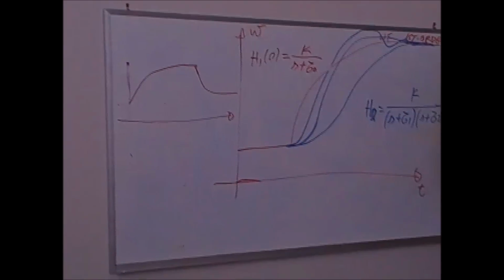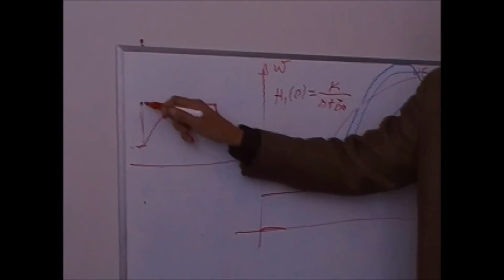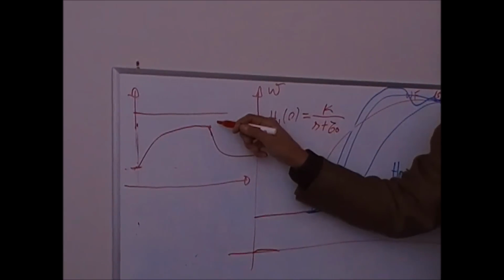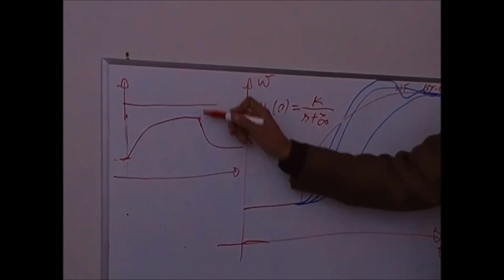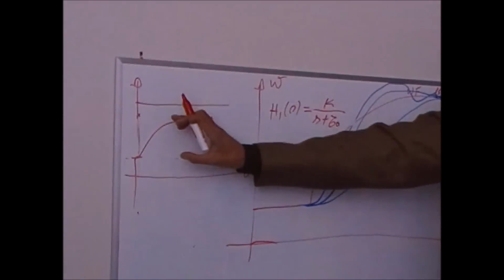In the experiment, we don't start from ground. We always try to work far from the two limits, which are 0 and 100%. So the experiment goes from here. If the maximum speed is here, we don't go up to the maximum speed. And when we bring it back, we don't bring it back to 0 either. The objective is to avoid the non-linearities that every physical system has. So we stay somewhere in the middle.